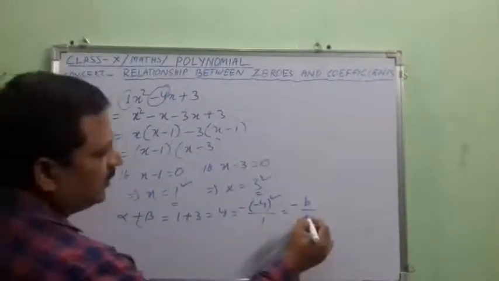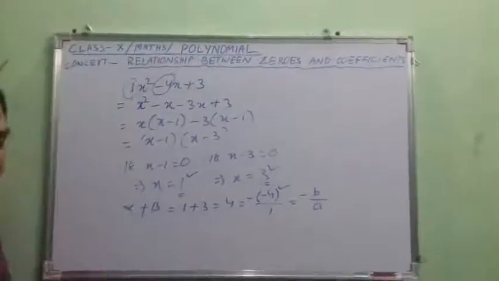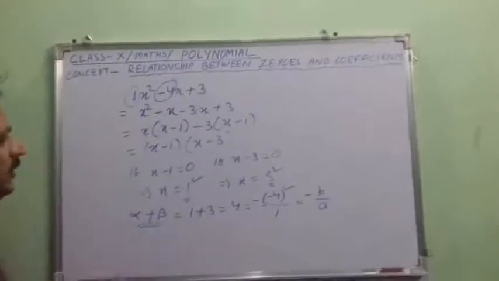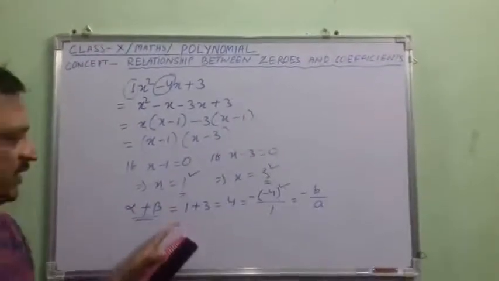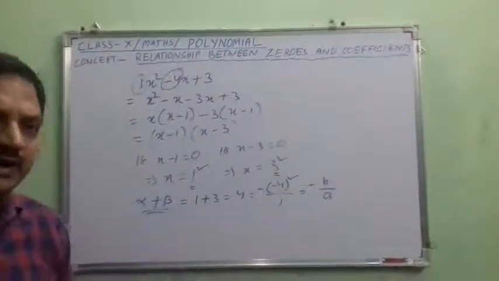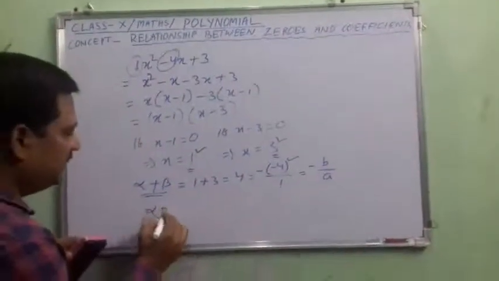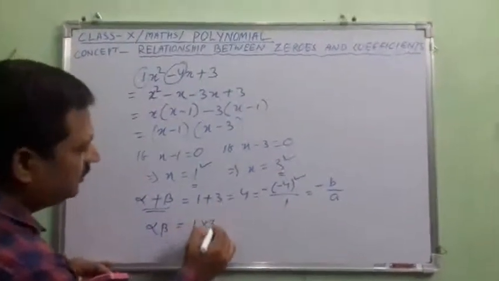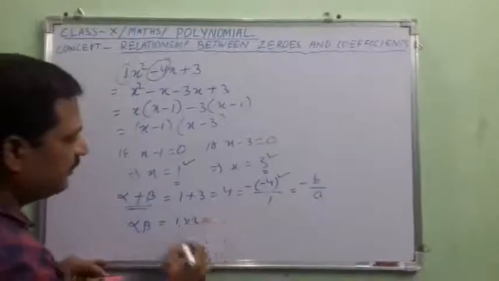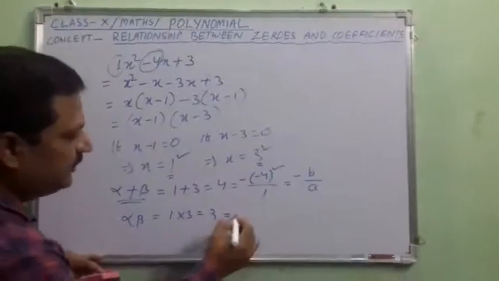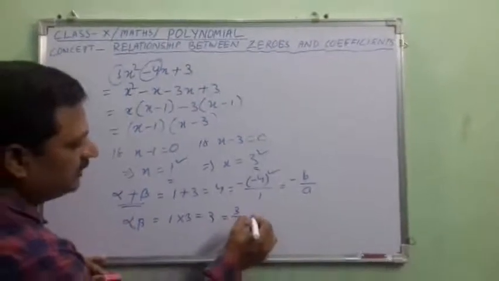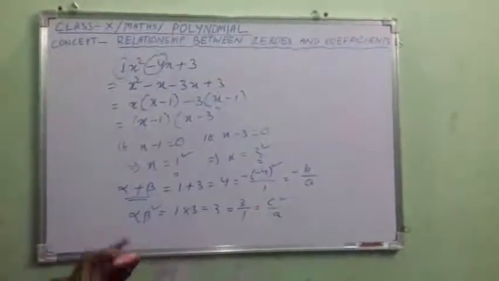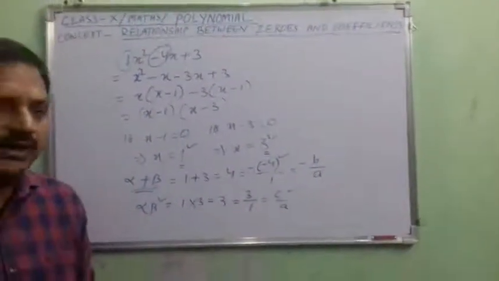So we have verified the formula, alpha plus beta equals minus b by a. Now alpha beta equals 1 into 3, that is 3, which is 3 by 1, equal to c by a. So we have also verified the second formula, alpha beta equals c by a.